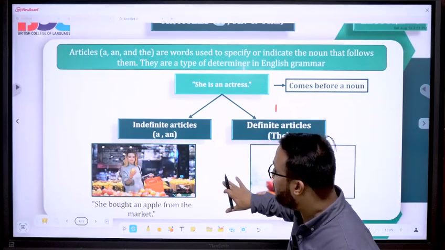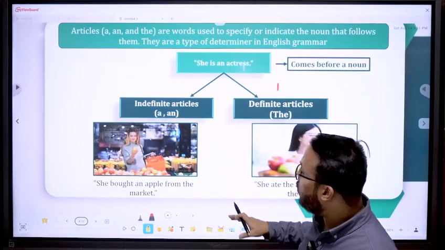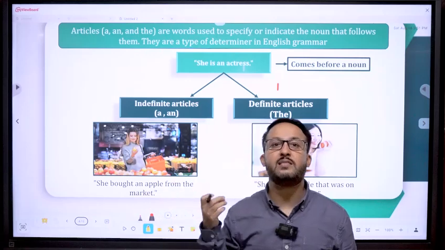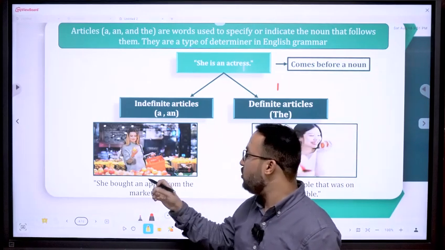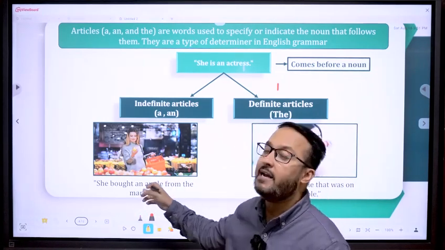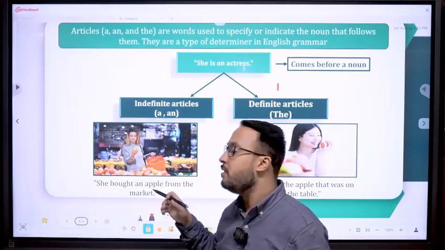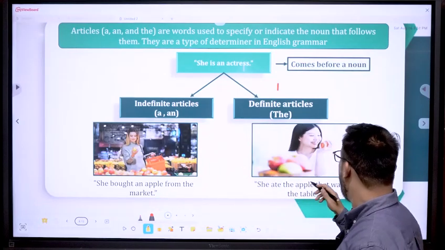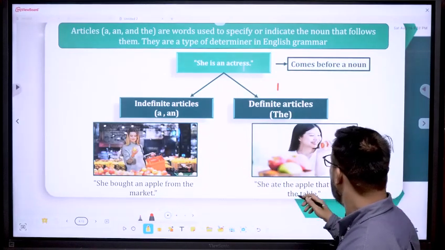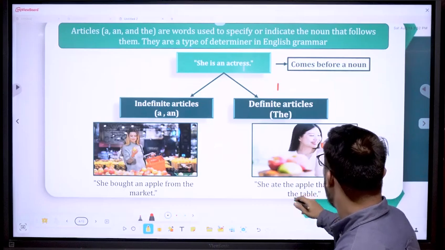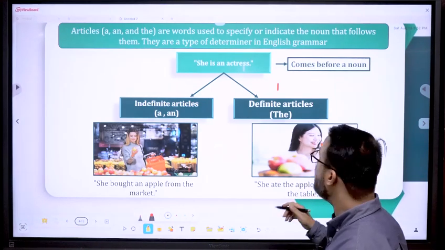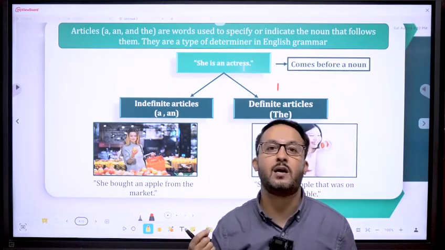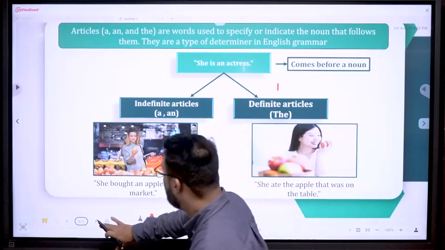She bought an apple from the market. Apple starts with a vowel, so we are using an before that. And she ate the apple that was on the table. In this, we have used the before table because it is specifying where the apples are lying, right? So as I told you, this is where we use the.